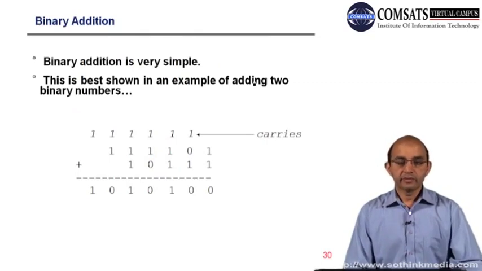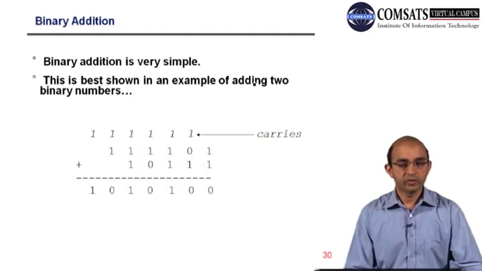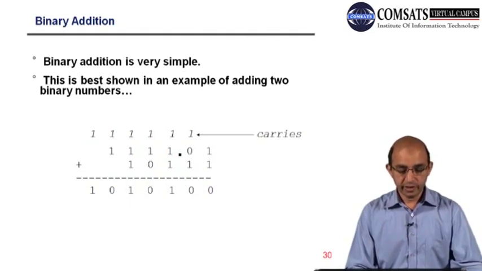So normally when we talk about the computer system, we need to perform certain operations, and those operations are addition, subtraction, multiplication, and division. So let's talk about addition whenever we have binary numbers. These are the two numbers that have to be added.